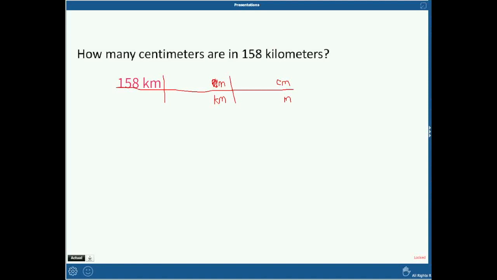So this is the way I like to do it. You can do it the other way, it's totally fine. I just see a lot more mistakes when people try to go straight from kilometers to centimeters, because they're going from a big thing through that middle unit, which is meters, all the way to centimeters, which is small. So that way these will cross out and then your meters will cross out and then you'll be left with centimeters.